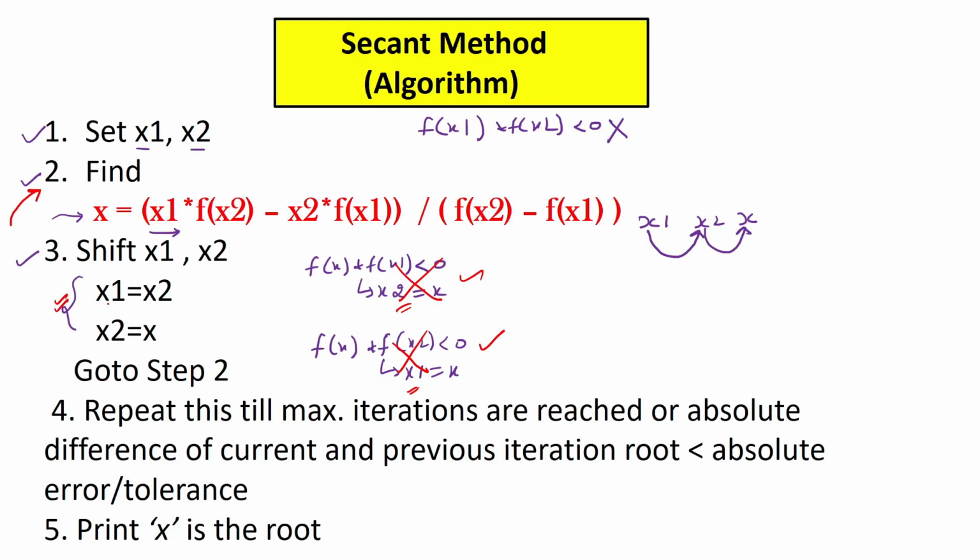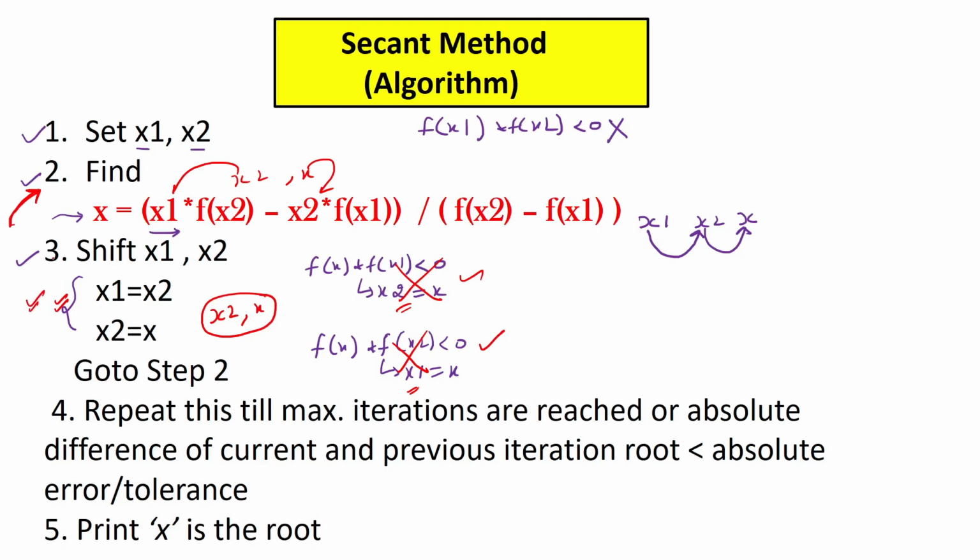If I ask you what the new values of x1 and x2 are, you can simply say that x2 and x are the new values which are used in the second step. That is, x2 and x are used in place of x1 and x2. So again we find the value of x, and again we change the values of x1 and x2.